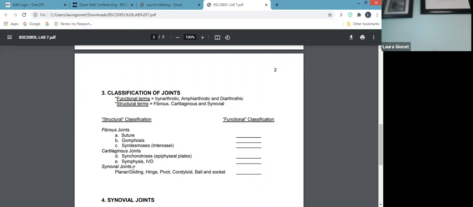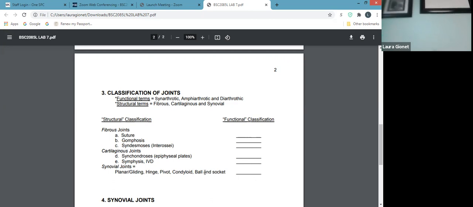All synovial joints that are structurally classified are diarthrotically functionally classified, because synovial joints, given their structure of articular ends of bone with synovial membranes and fluid in between, by definition and the way they're built, provide a high degree of motion. So anything that's a synovial joint structurally will be a diarthrotic functional classified joint.